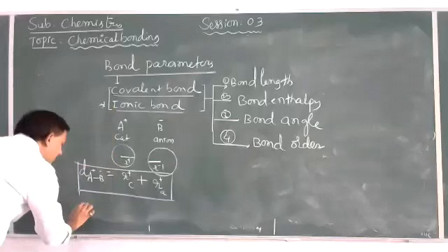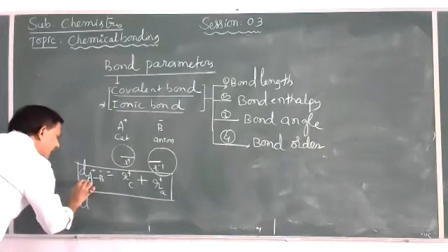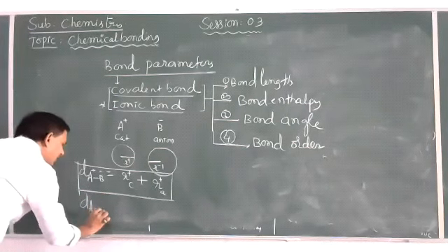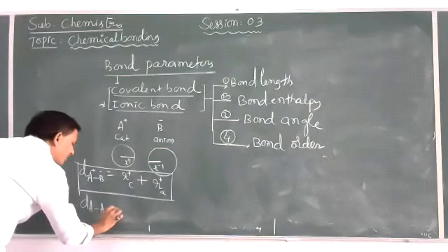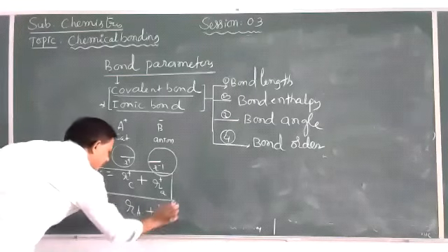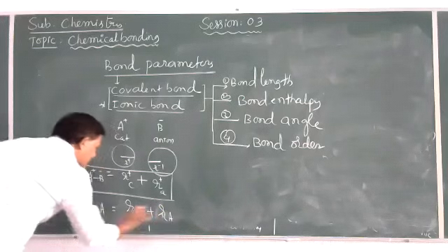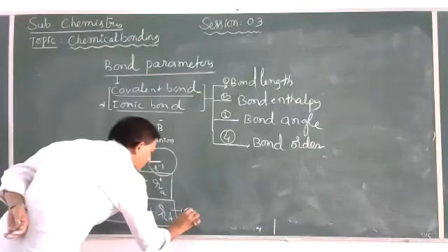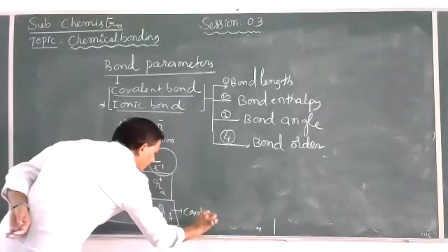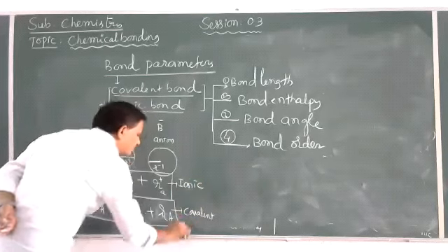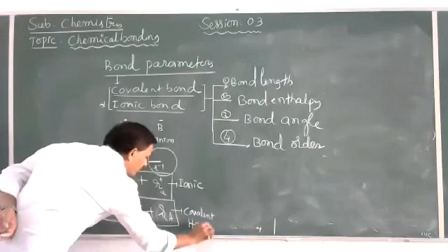If it is a covalent compound, the distance is the internuclear distance between A and A. This is a homodiatomic molecule, so it is the radius of A plus the radius of A, because it is covalent in nature. The earlier one is for ionic, and this is for covalent homo.